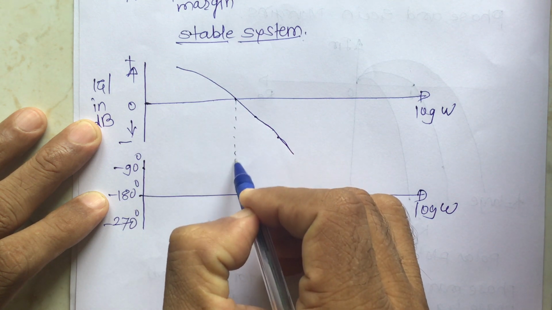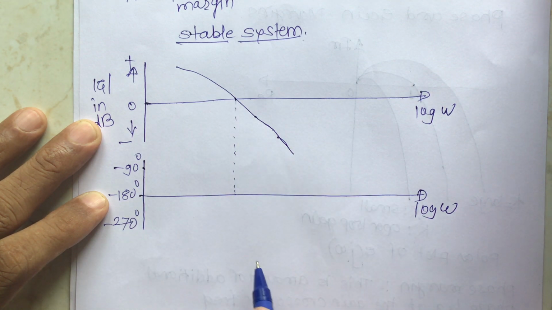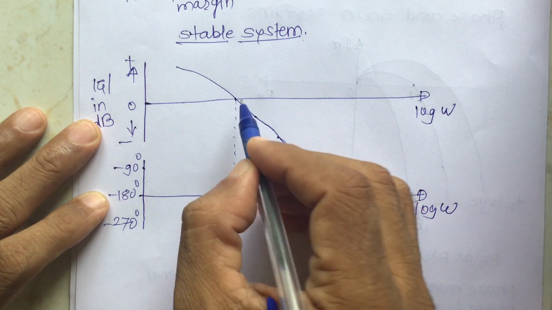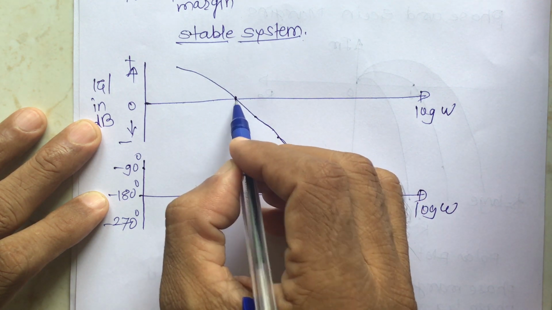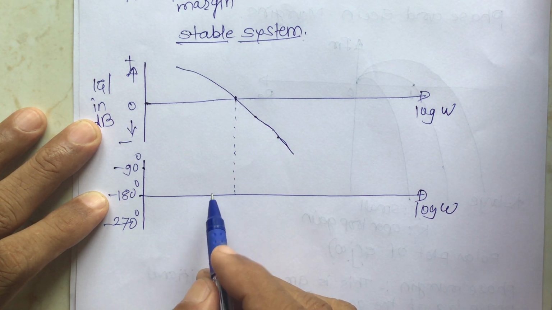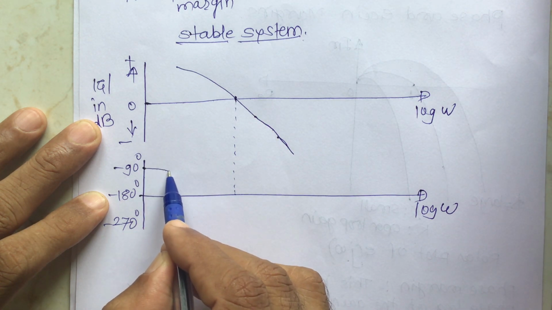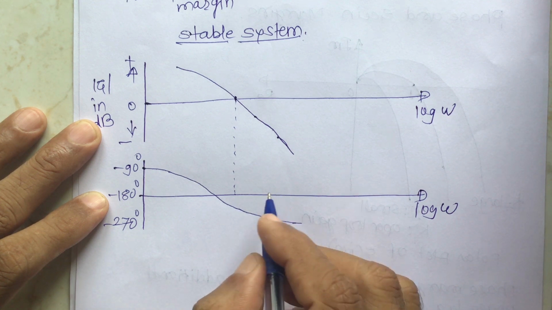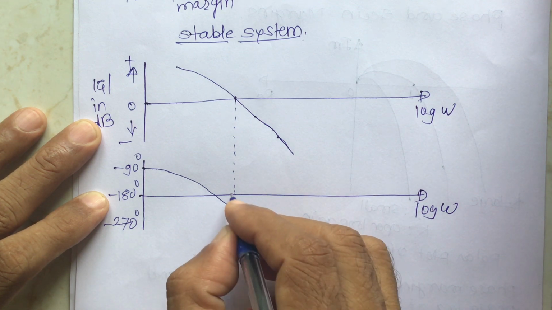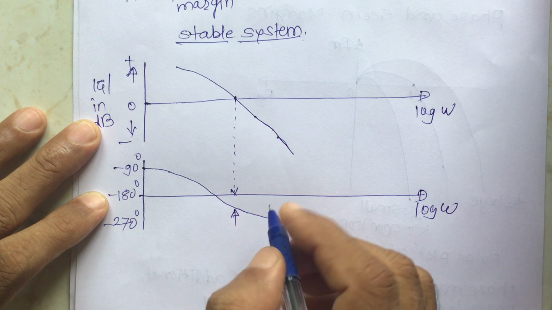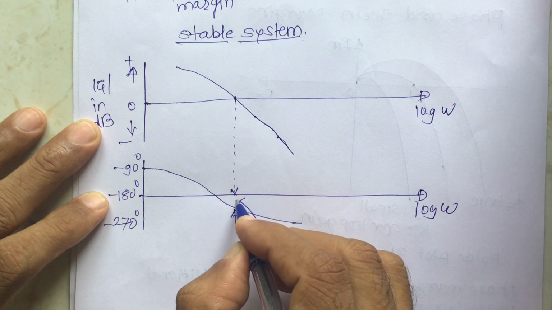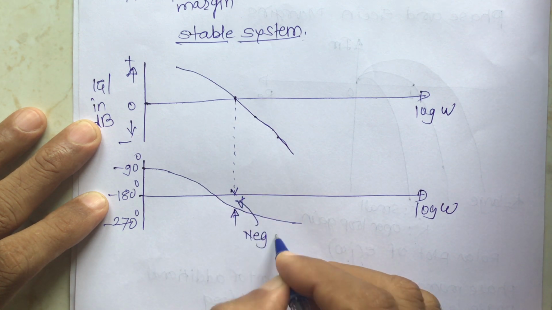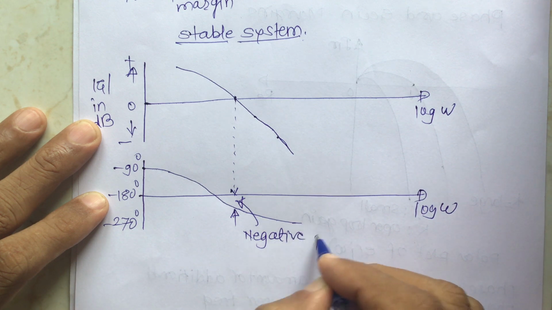This is the gain crossover frequency. So at the gain crossover frequency your plot is like this, suppose. So we can call it a negative phase margin.